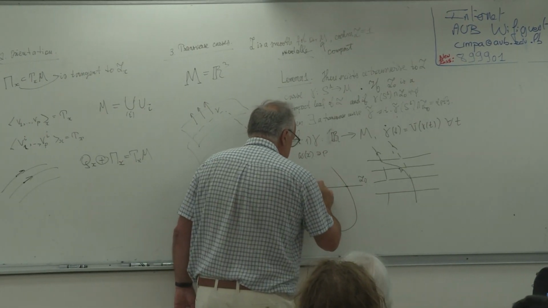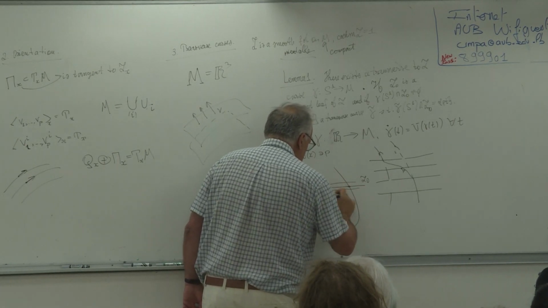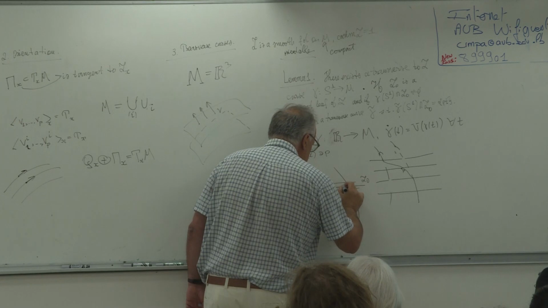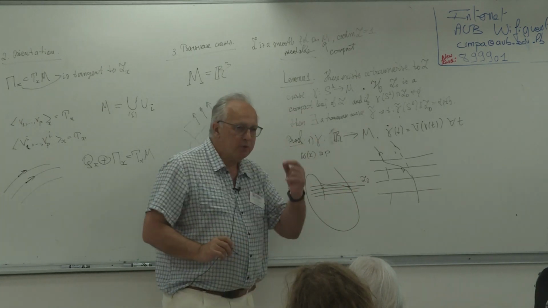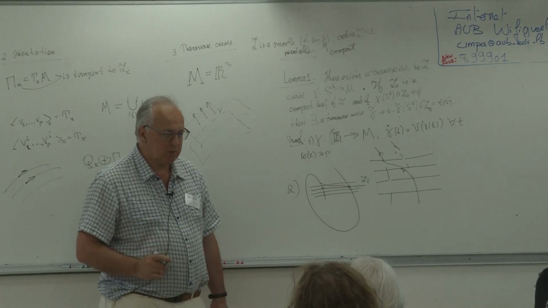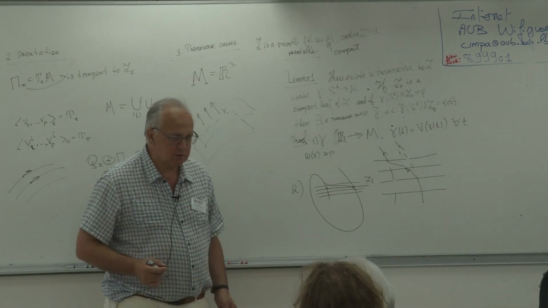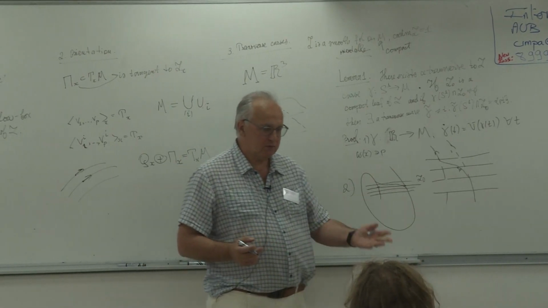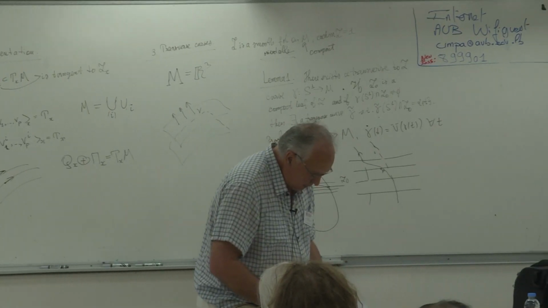You take this picture and you deform your curve this way. And now you have 1 point less. You decrease the number of points of intersection. And you can do this until you have 1 point, then you are finished. So this was the first lemma.